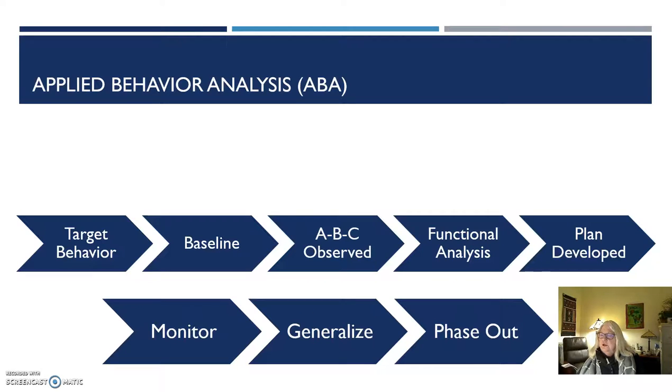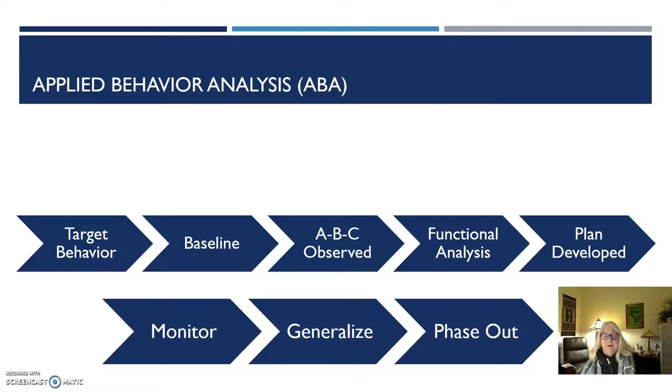And then a treatment plan is developed, or an intervention plan is developed. The implementation of this happens, and the behaviors are monitored. They monitor the behavioral plan to see how effective it is, and they can make modifications to this plan if needed.